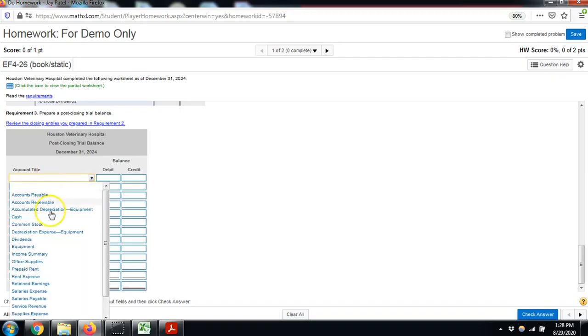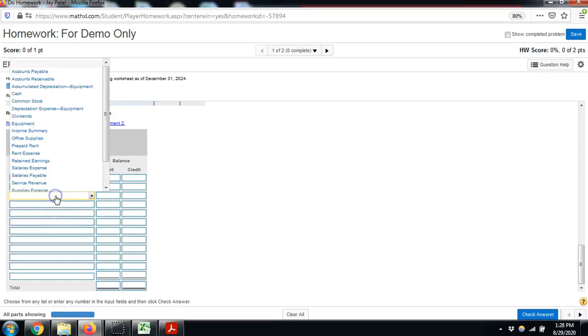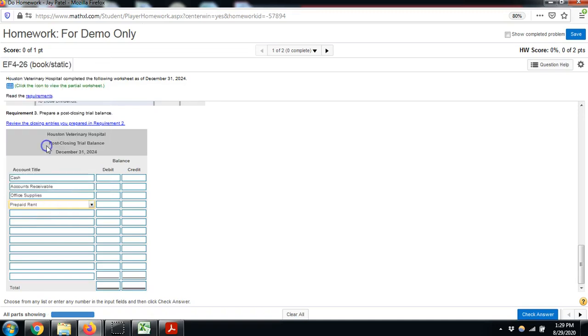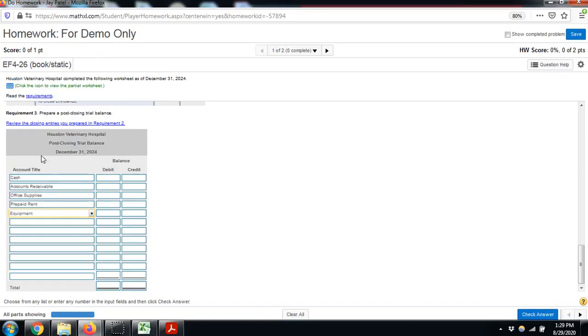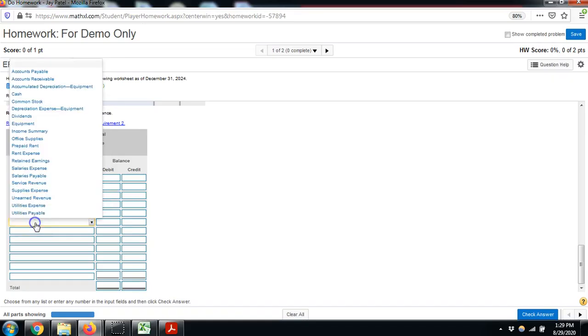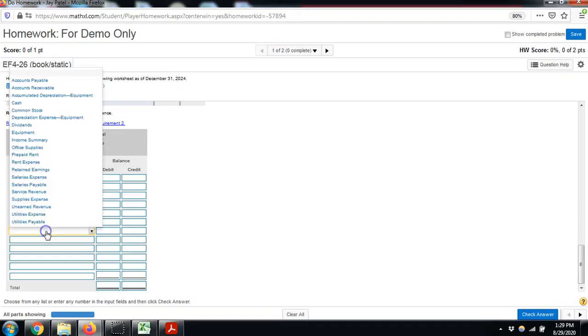So we have cash. And now we're going to do the liabilities. We did all the assets just now.